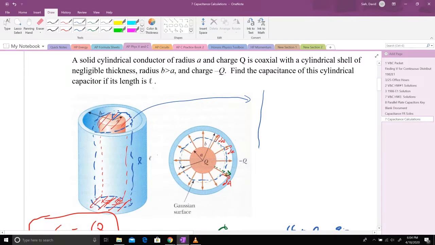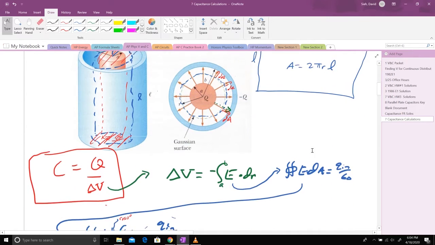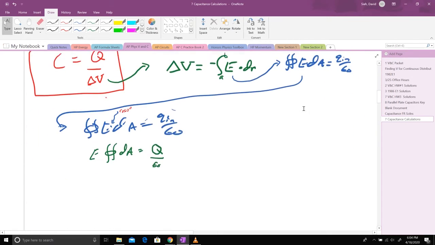Wouldn't it make kind of a long rectangular sheet? This dimension would be L, and this dimension is just the circumference of that circle, which is 2 pi r. So that area is 2 pi r L, the area of the Gaussian surface that the flux is shooting out through.